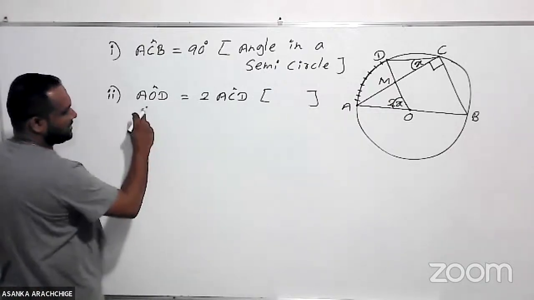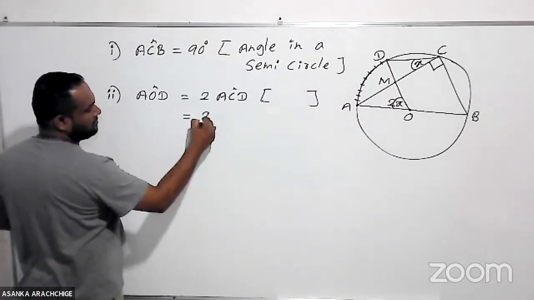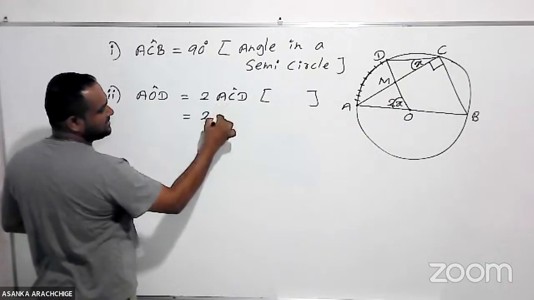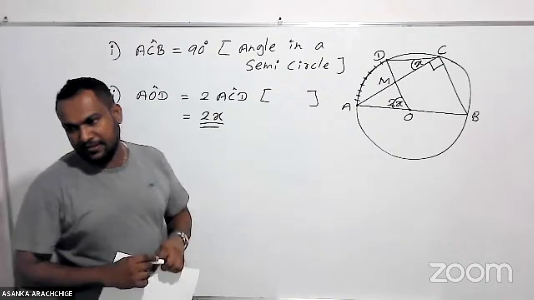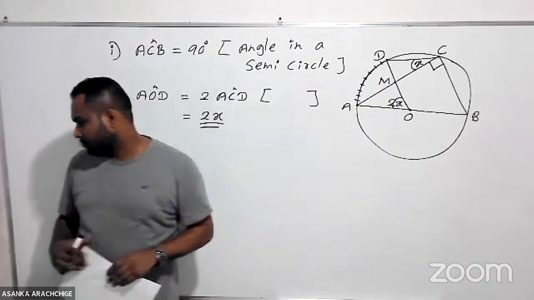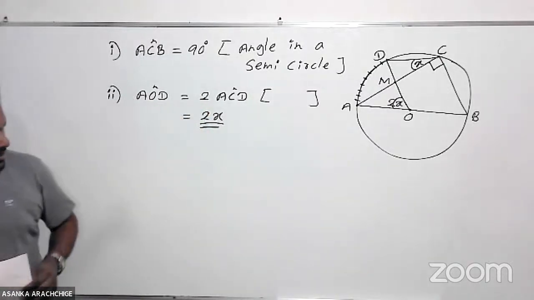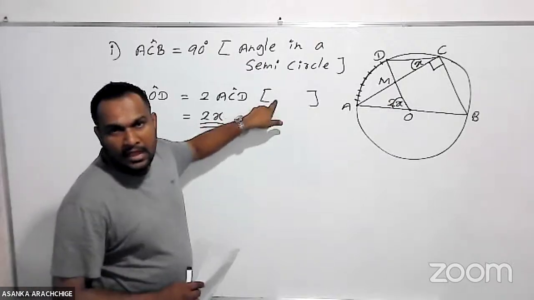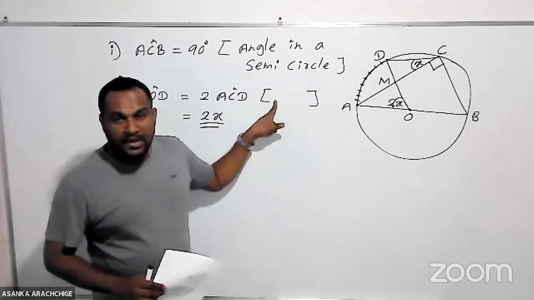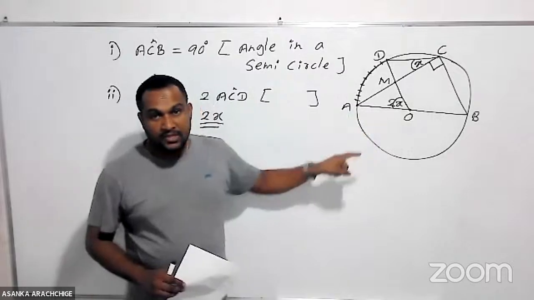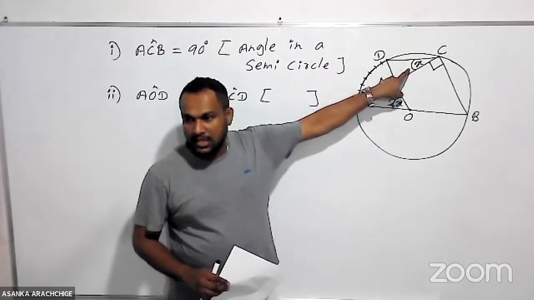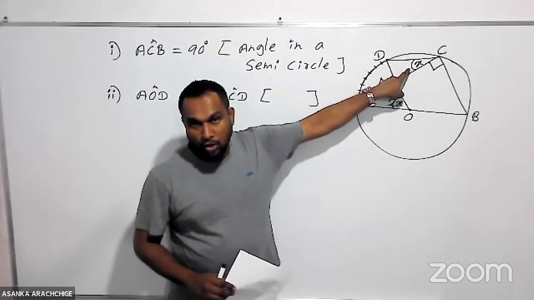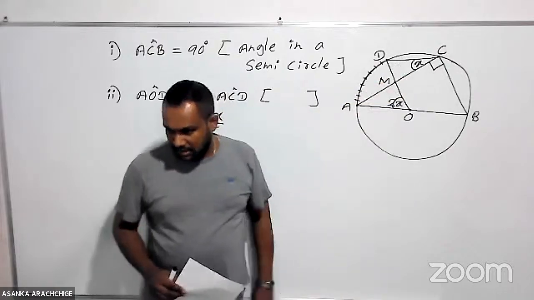Therefore, you can say AOD is equal to 2 times x, so that is 2x. Is that clear? Again, the reason, angle subtended at the center is twice the angle subtended on the remaining arc or on the other arc. Clear?